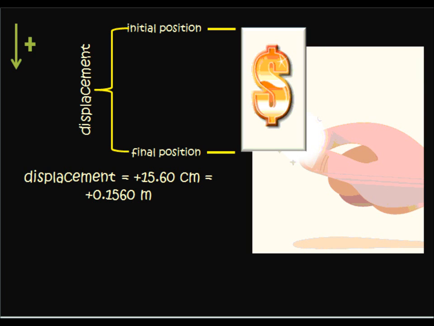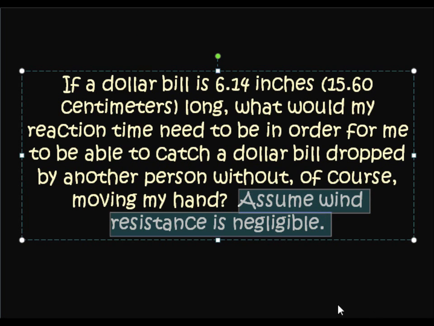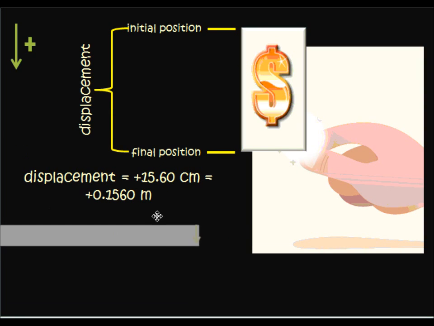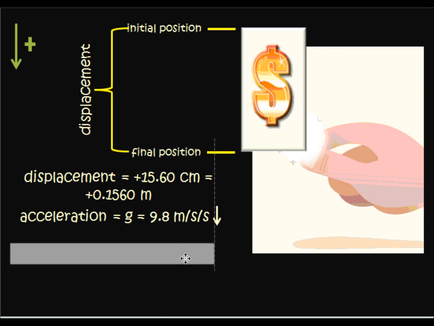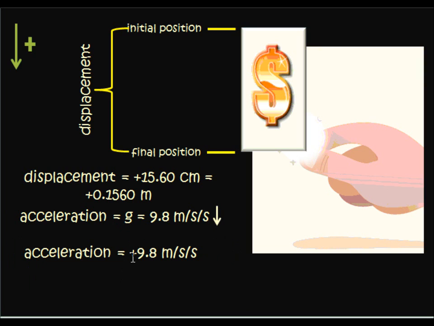If we look back at the problem instructions, we're told to assume that wind resistance is negligible. Thus, the acceleration of the dollar is the acceleration due to gravity, which is 9.8 meters per second squared downward. We've already decided that downward would be the positive direction, and so that means that the acceleration of the dollar bill is positive 9.8 meters per second squared.